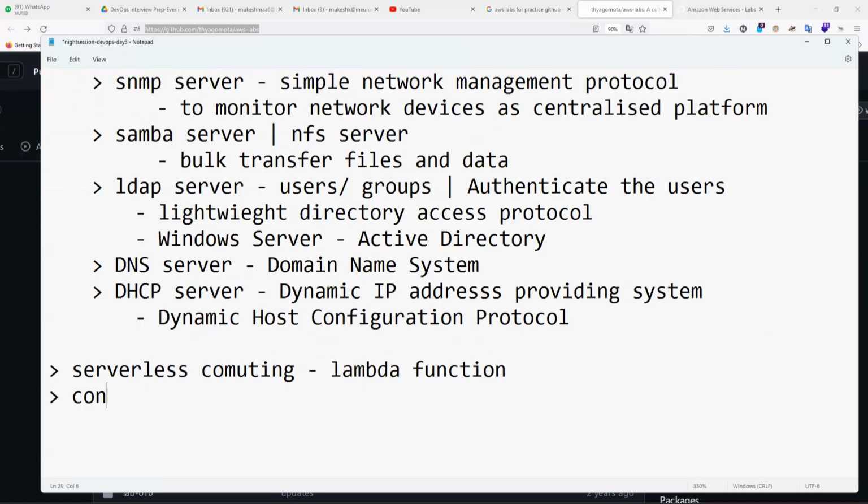Then we can use it with the container services we have: ECS, Elastic Container Service, and EKS, which stands for Kubernetes. So only the name is different.